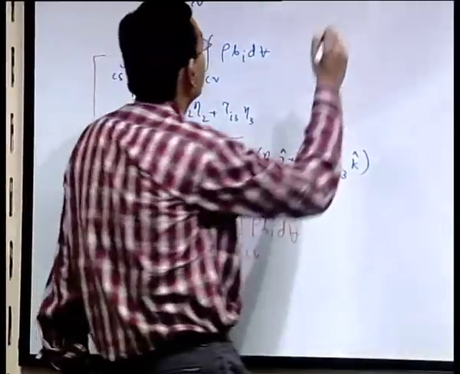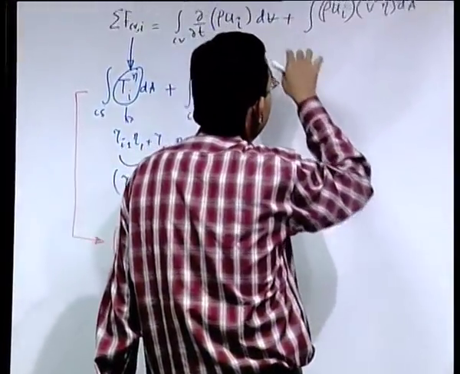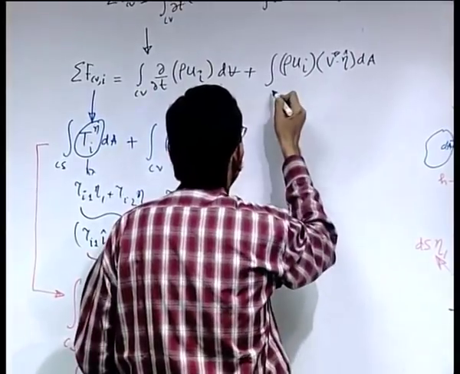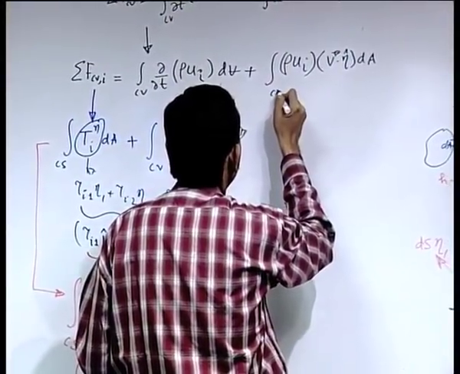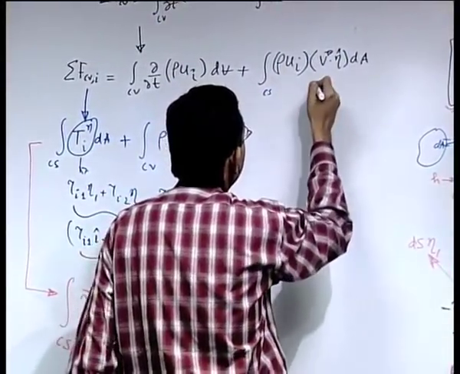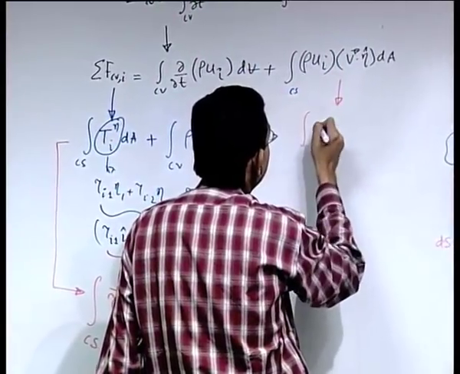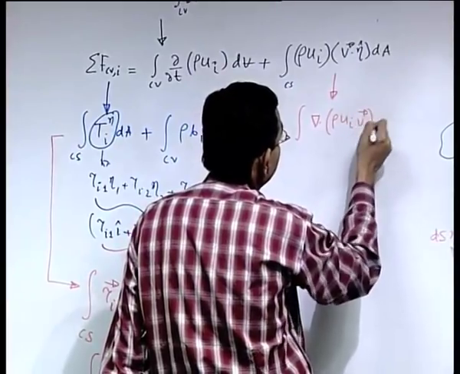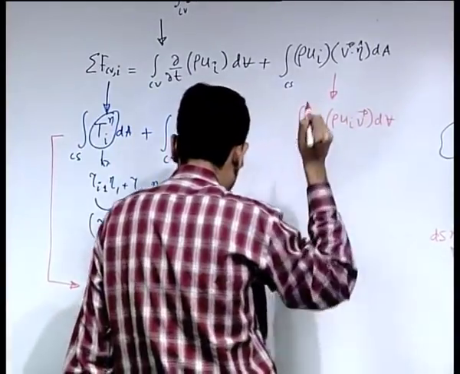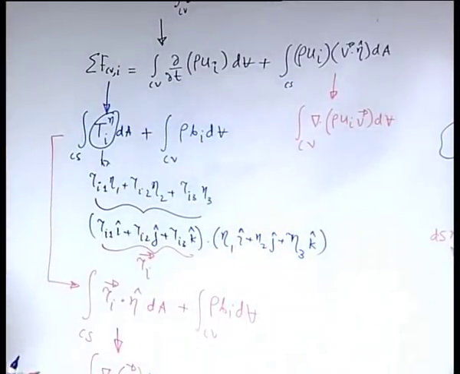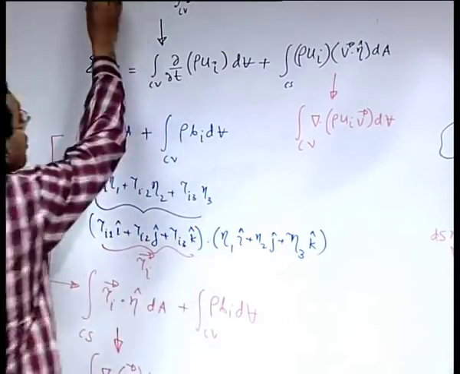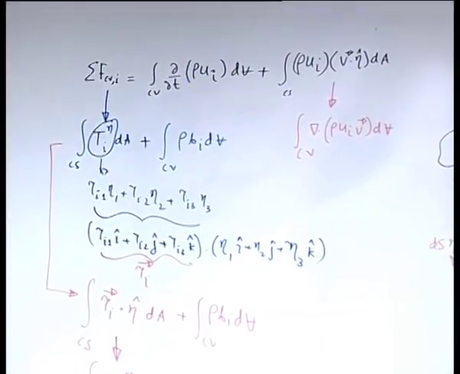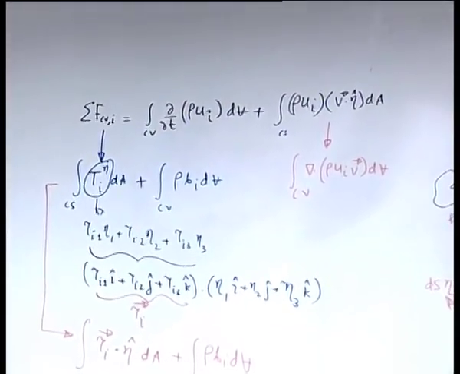On the right hand side, the first term is already expressed in terms of the volume integral, the second term is an area integral. So, you can write this in terms of a volume integral. Okay. Now, the left hand side and right hand side, all terms are expressed in terms of volume integral. So, we can take all the terms together.